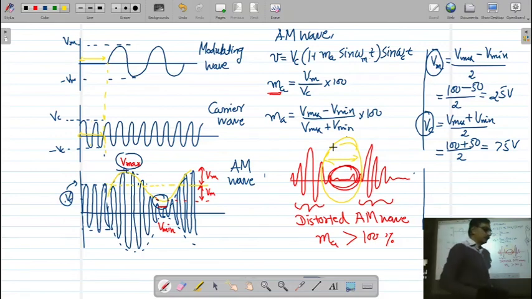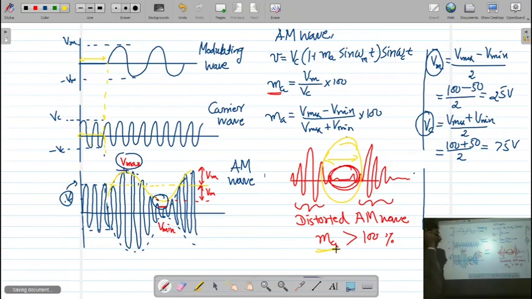And therefore, during this process, one should always avoid going greater than 100%. So in a radio transmitter or a television transmitter, when they are transmitting the modulated wave, they always keep watch on the modulated wave so that the index will not be greater than 100%. Otherwise, the information will get distorted.